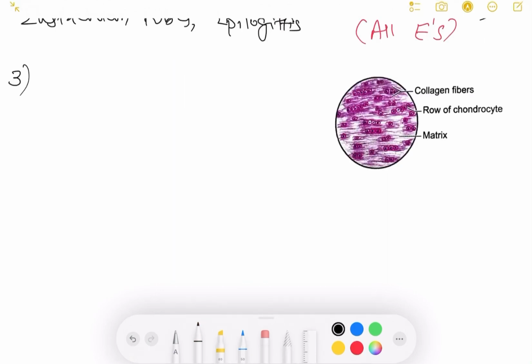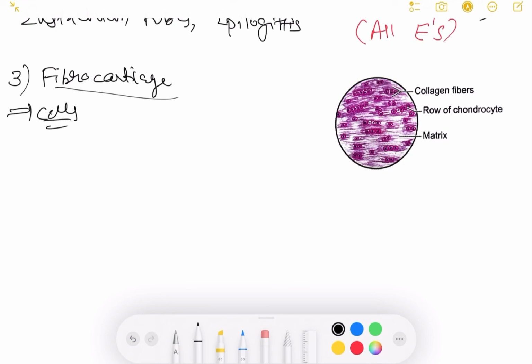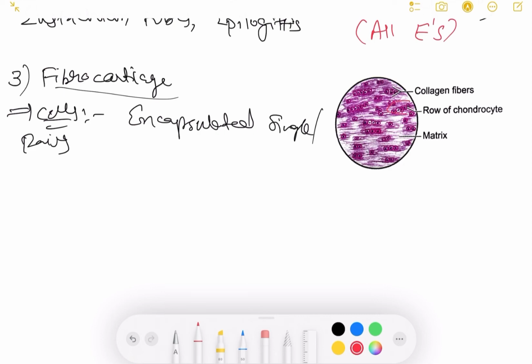Now next, fibrocartilage. If we talk about its cells, they are encapsulated, single or in pairs. You can see it can be even single, it can be even a pair, from the figure.